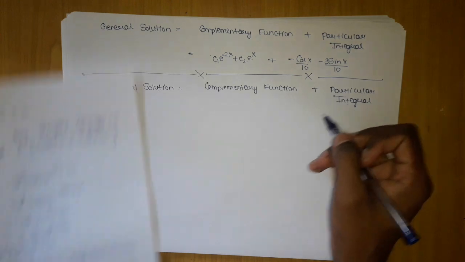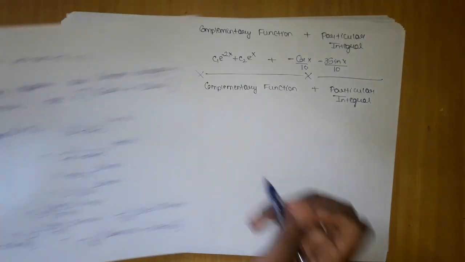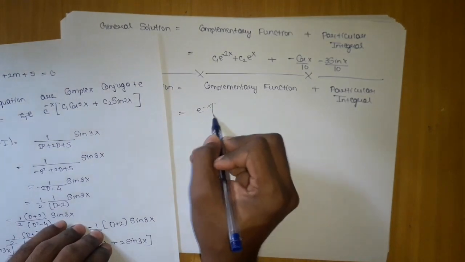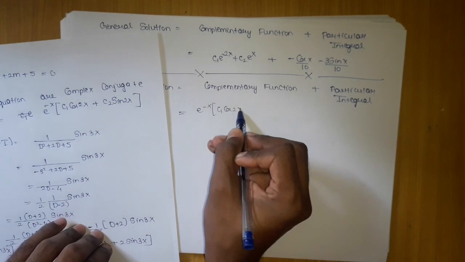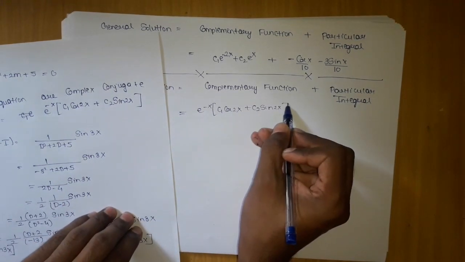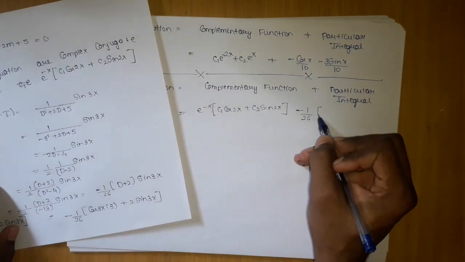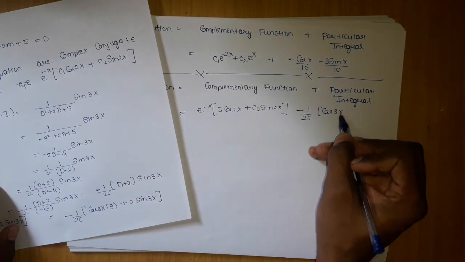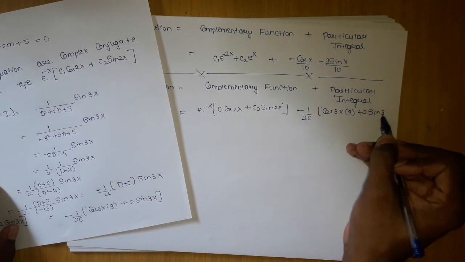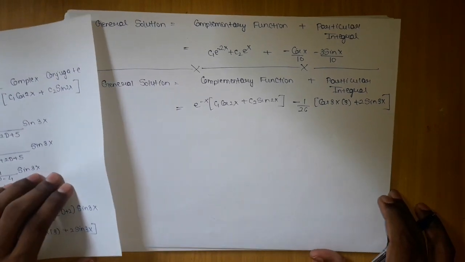Let's substitute the values and try to get our answer. This was complementary function, this was particular integral. Let's substitute this: e to the power minus x, c1 cos 2x plus c2 sin 2x. Then 1 by 26, cos 3x into 3 plus 2 sin 3x, bracket close. So this is our required general solution.